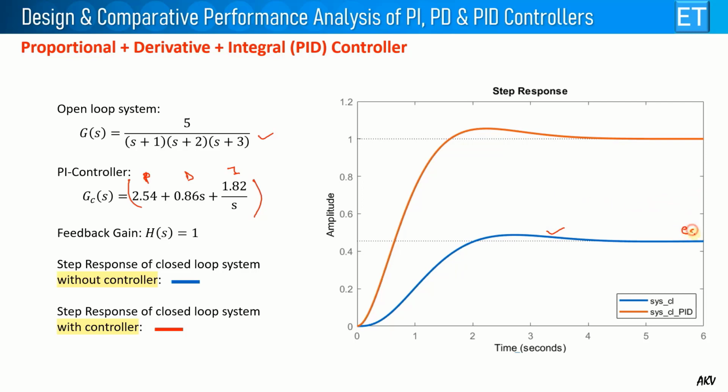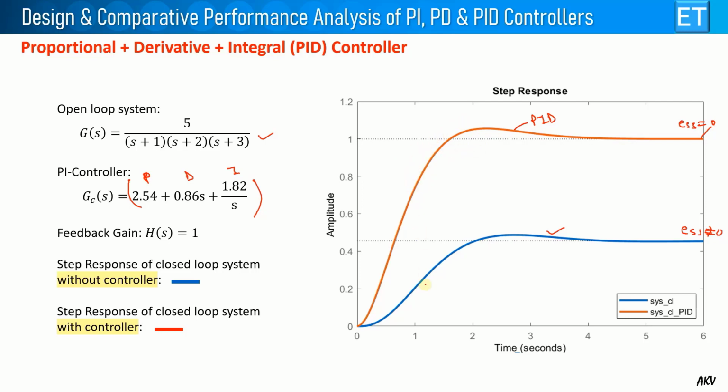So it has a non-zero ESS, and here this is the response of your PID. So you can see that the ESS again is 0 because the I in the PID is making it 0. Both P and D cannot make it 0 as we have seen.